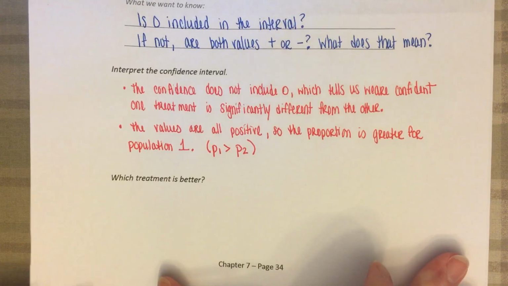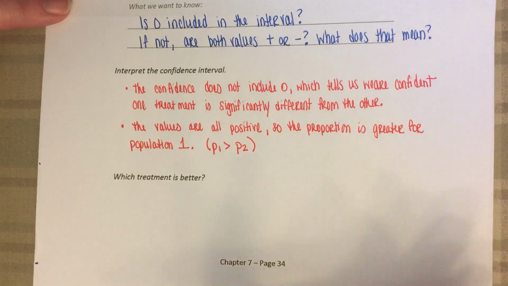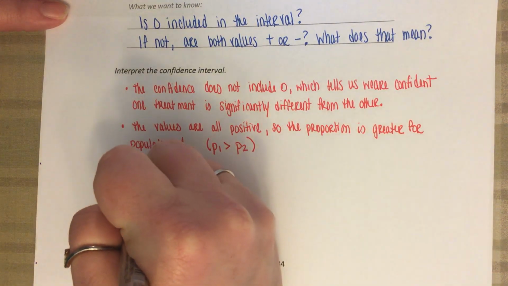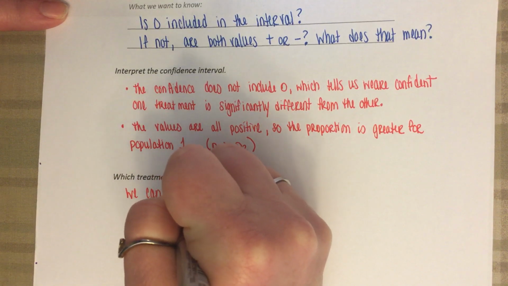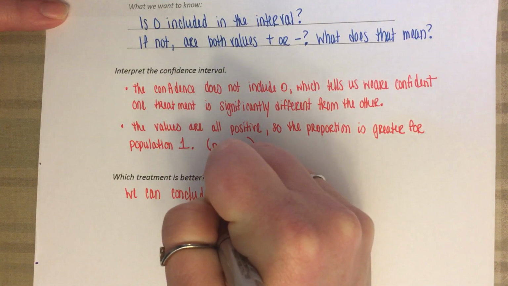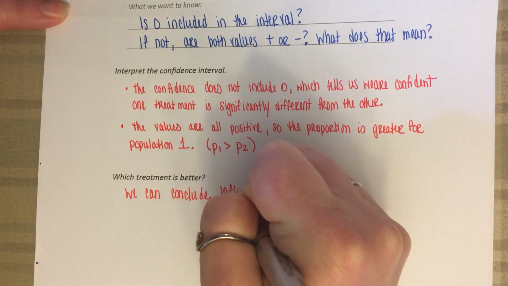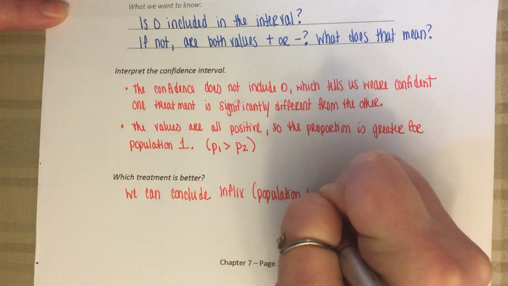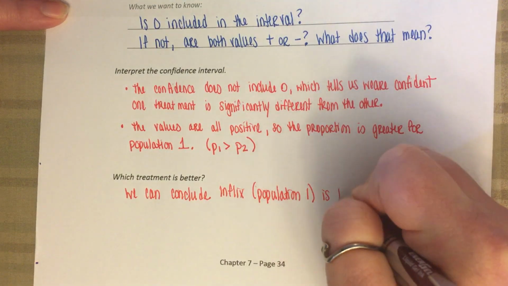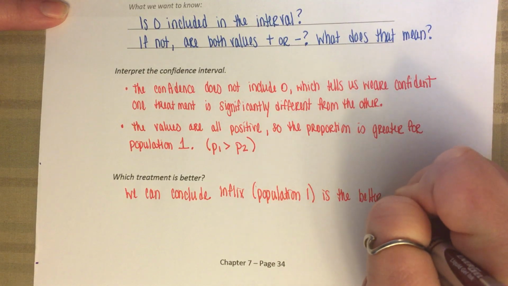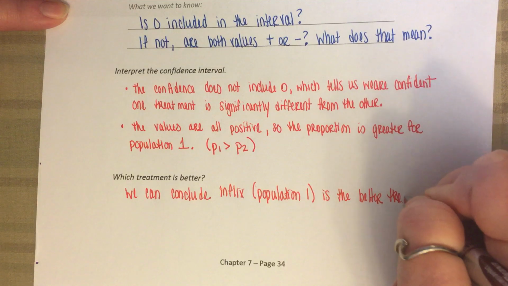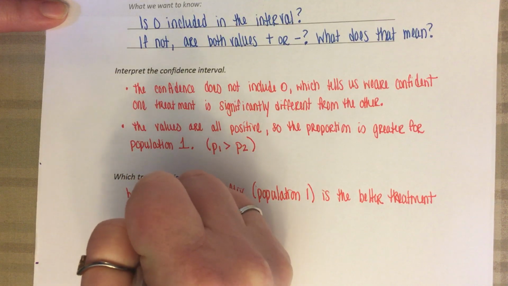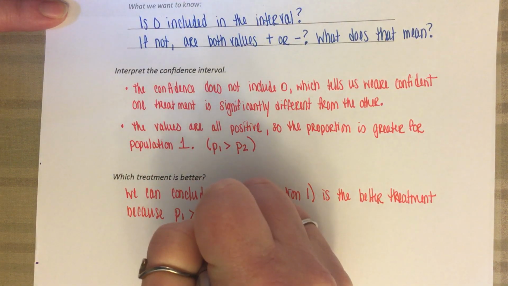Right, we can then use this to answer the question, which treatment is better? Well, if P1 is greater than P2, we can conclude that Inflix, which was administered in population 1, is the better treatment because P1 is greater than P2.